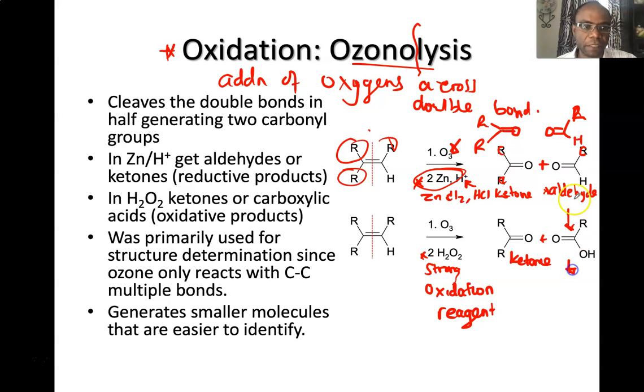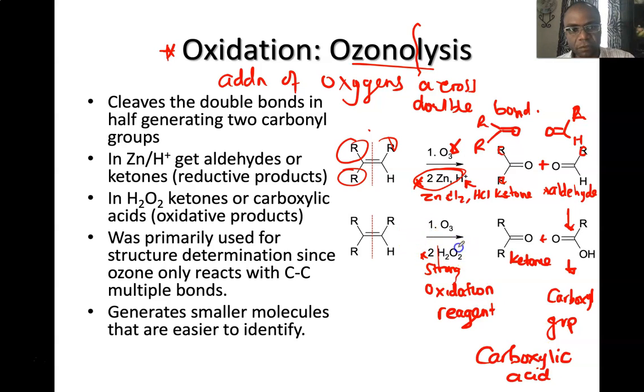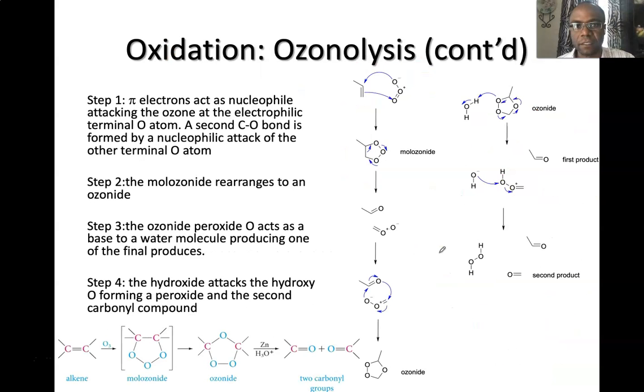So instead of stopping at the aldehyde, one would want to put an oxygen in between the carbonyl and the hydrogen. You get the carboxyl group. Otherwise, you can call it carboxylic acid. So it's very important you pay attention to the second step. Using peroxide, you go all the way to the carboxylic acid.